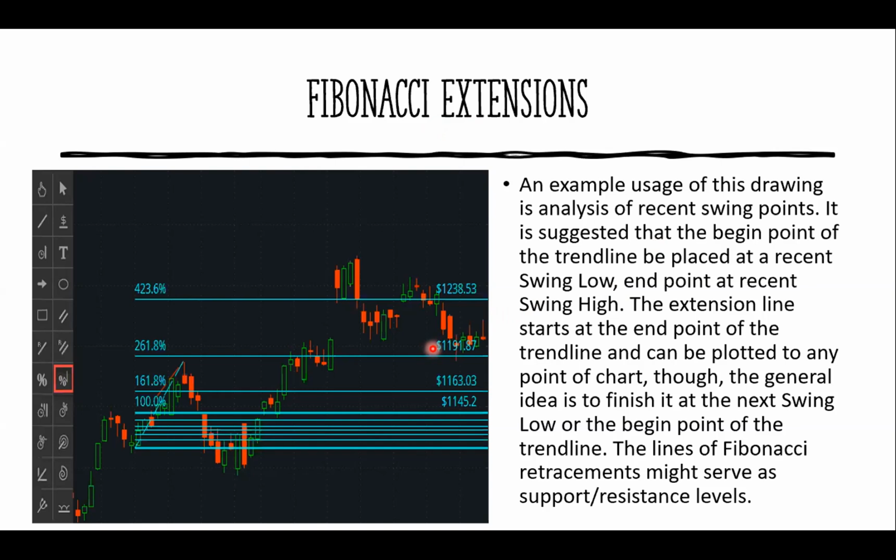The trend lines of Fibonacci retracements might serve as support and resistance levels. So this is key right here. This is why we trace these extensions, to find support and resistance levels. Every time I post a chart and highlight my target areas, they're based on support and resistance.